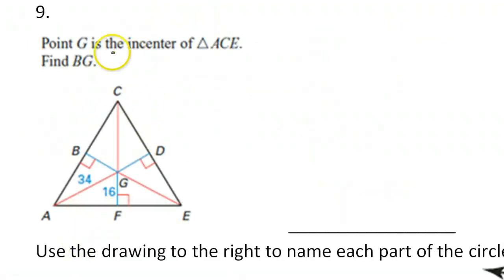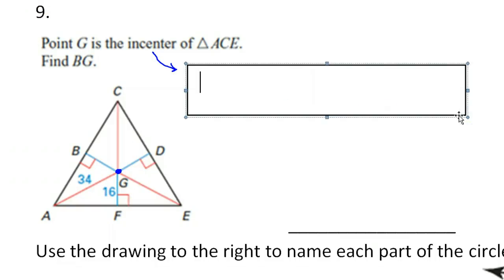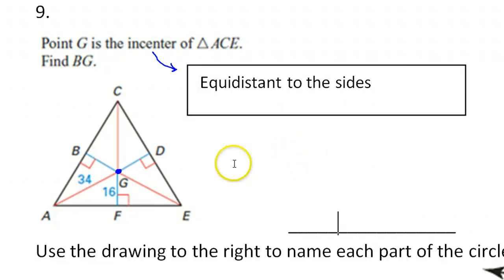Okay, for number 9, we are given this crucial information that point G, right here, is the incenter of the triangle. And then we're supposed to find segment BG, which is right here. Well, the main special property that we learned about incenter is that it is equidistant to the sides.